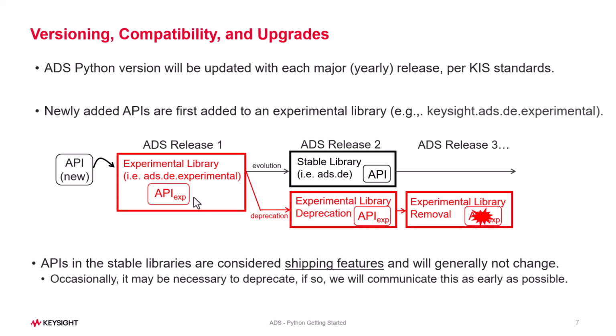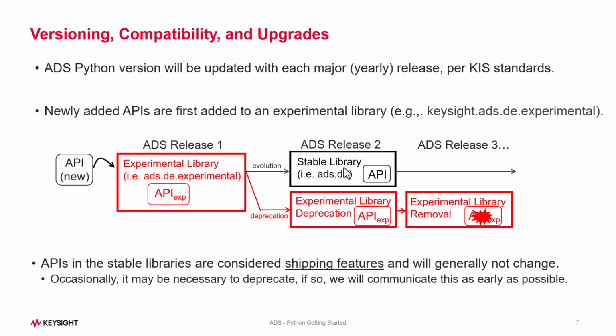This benefits customers: they can use these available APIs and run extensive tests while Keysight is also testing internally, and once everything seems stable enough, that API set will eventually evolve into a stable library and become a standard part.